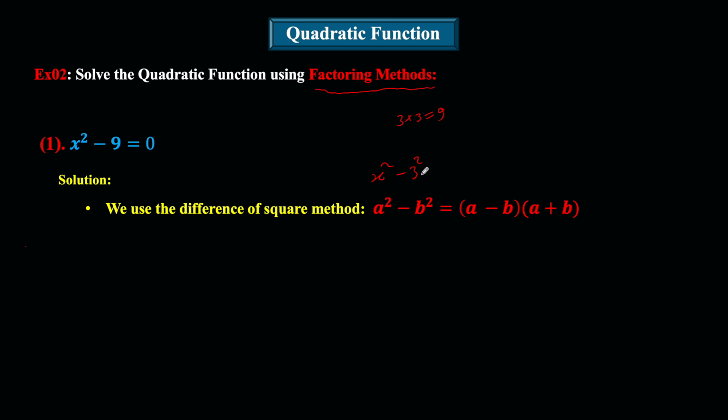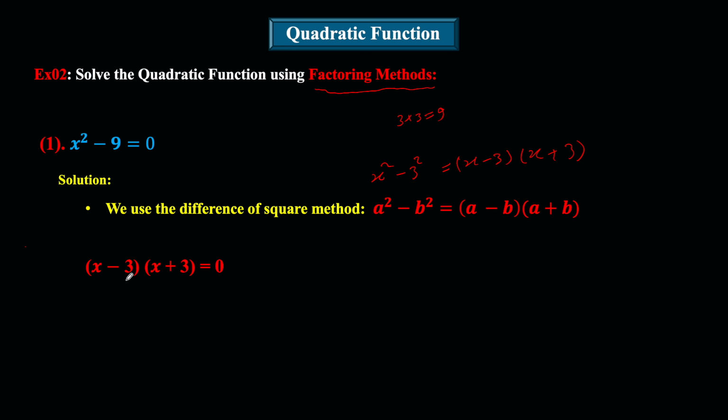So b is 3 squared, which is equal to, so you just take a is here, so we take x minus 3, and again we take here a is x plus b is 3. Okay, so we get the same one here. Okay, so this is the same.